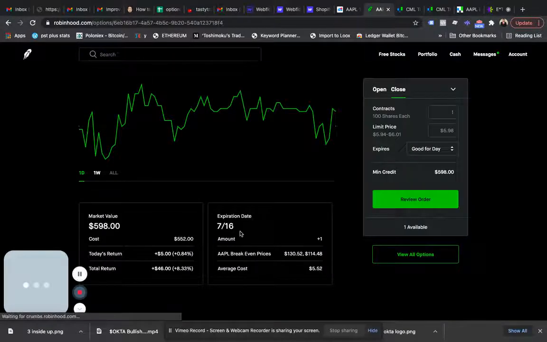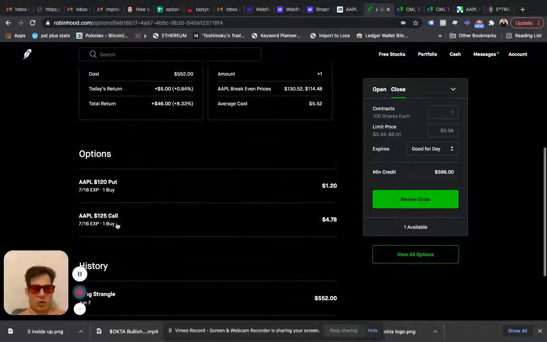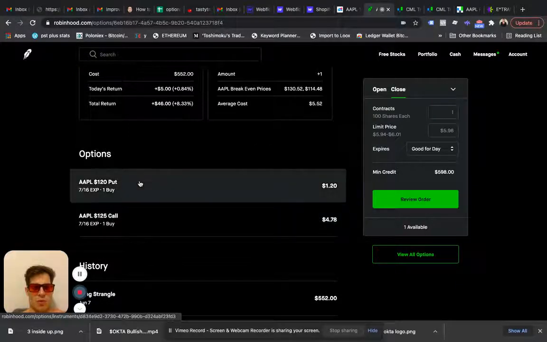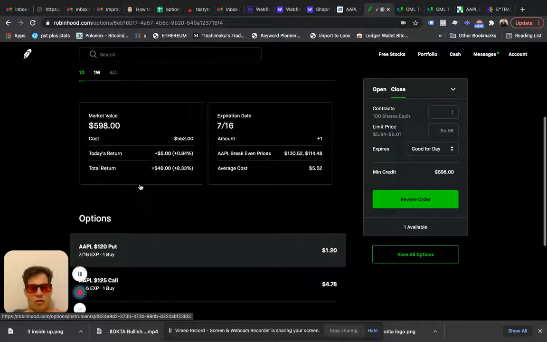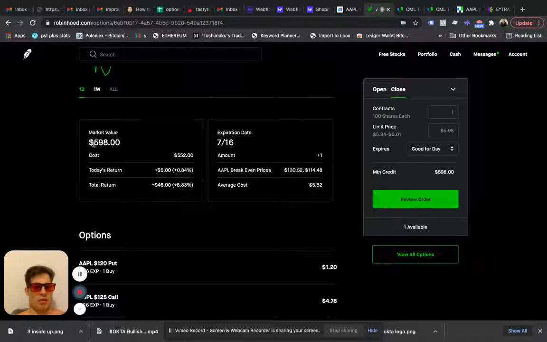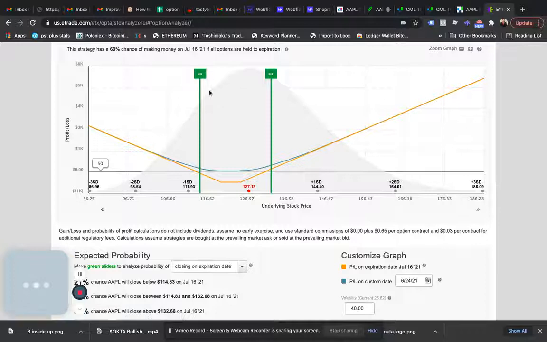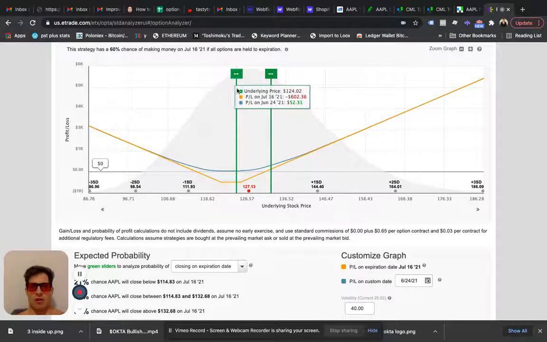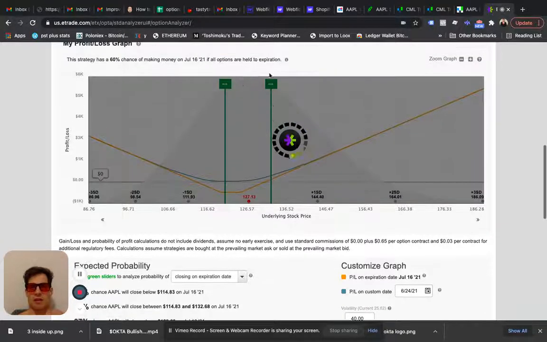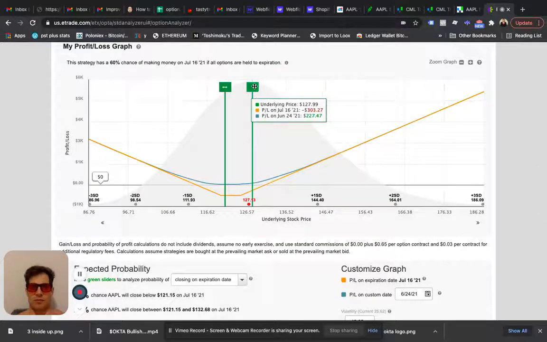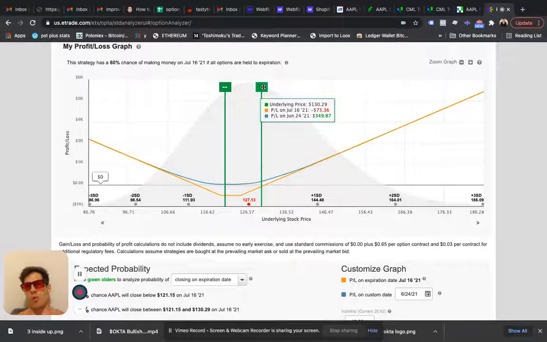So I went ahead and bought the 125 call and the 120 put. I bought this a couple days ago. So far, up about 8%, which is good. Just bought one of them. If for some reason Apple doesn't break out, the main risk here is theta decay. If we don't move much at all, these options will eventually decay and be worthless.